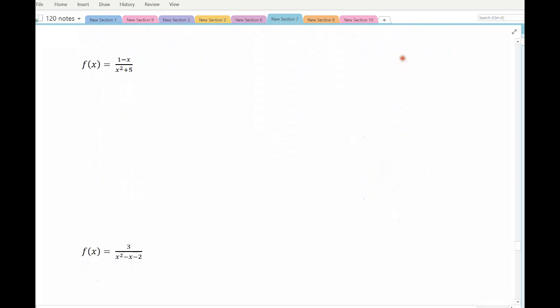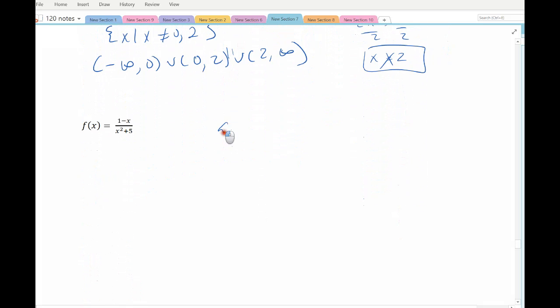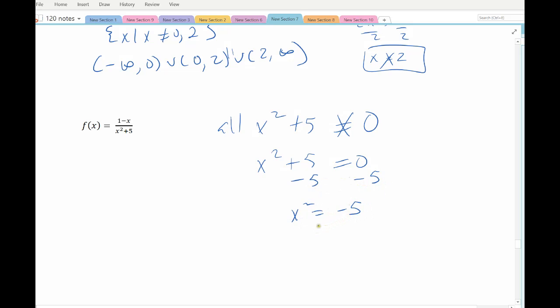All right, next example. My line, 1 minus x, is divided by the quadratic x squared plus 5. Again, x squared plus 5 can't equal 0, so we solve for when they are and throw them out. When I move the 5 over, I didn't write the step down, but it becomes a negative 5.